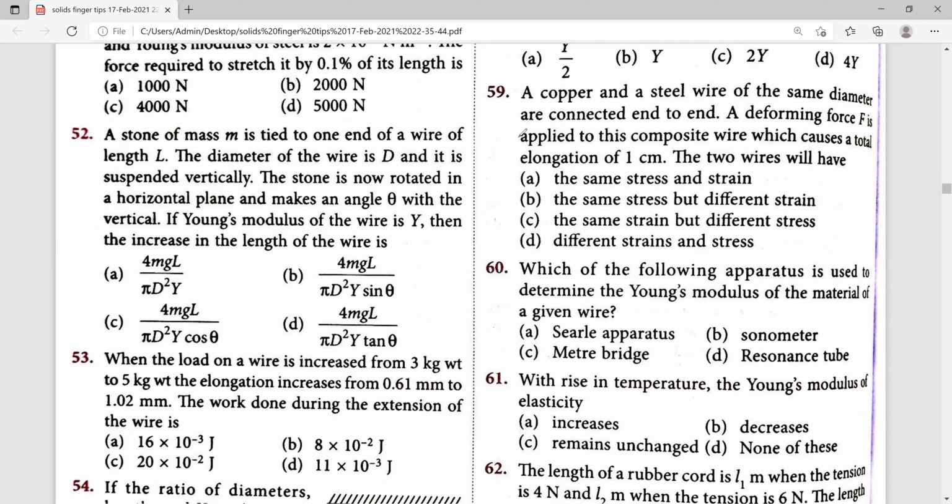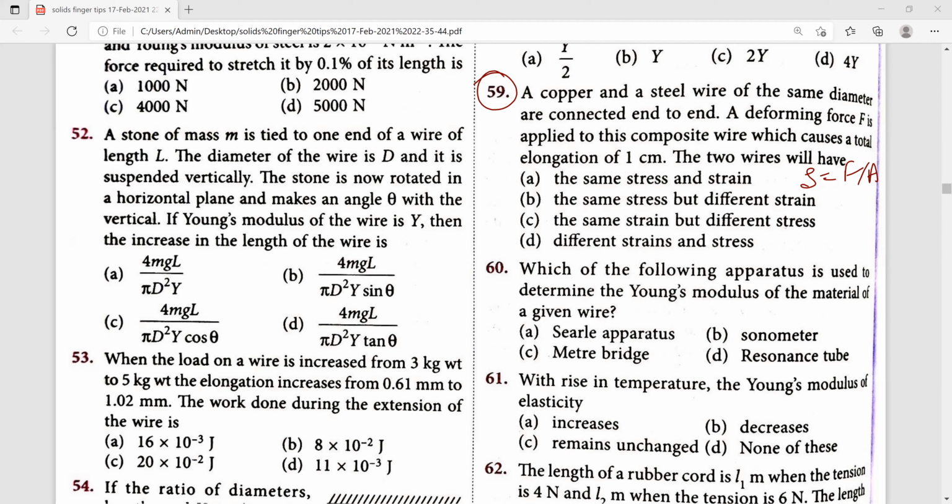So we know the formula for this one. That is stress is equal to force by area. As each wire is of same diameter, area of cross section is same for both the wires. As both the wires have same force and area of cross section also same, therefore stress is same for both the wires.